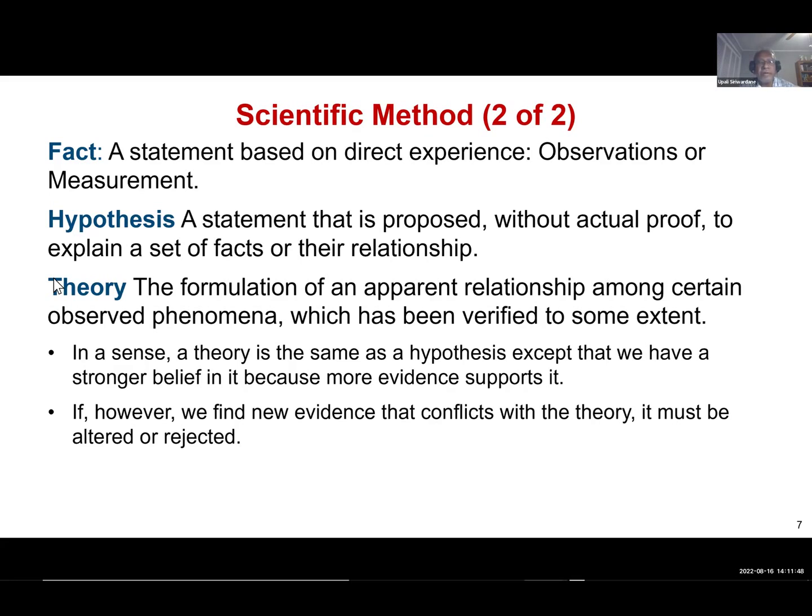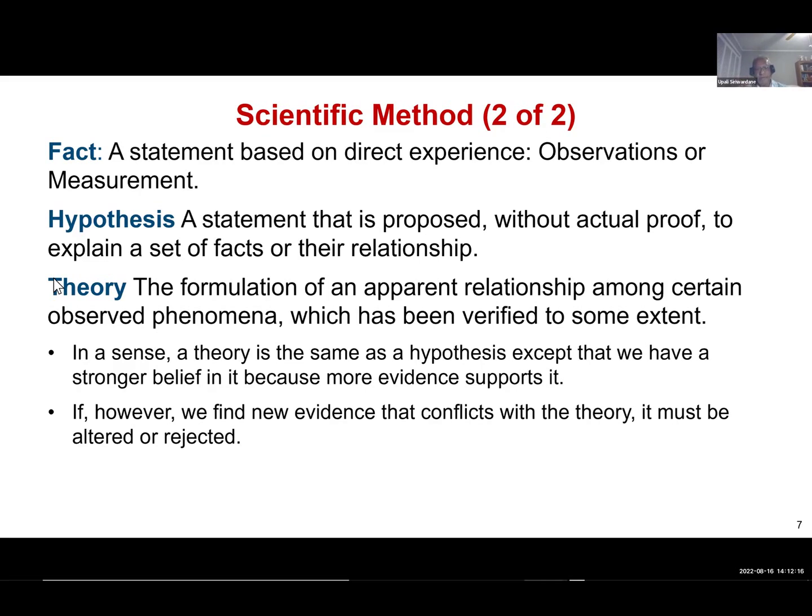Theory is a formulation similar to a hypothesis, but it is verified to some extent. It's been known for a long time. A hypothesis became a theory. But the theory is never permanent.